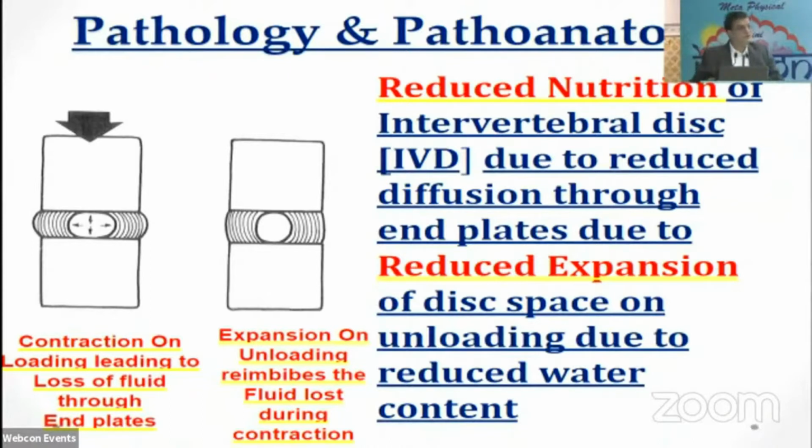So what leads to a degeneration which is painful? Reduced nutrition of the intervertebral disc due to reduced diffusion through the end plates, due to reduced expansion on unloading. It should expand back, but it does not expand. So it is a reduced expansion of this space on unloading due to reduced water content. This is the basic pathology and pathoanatomy of a degenerated disc.